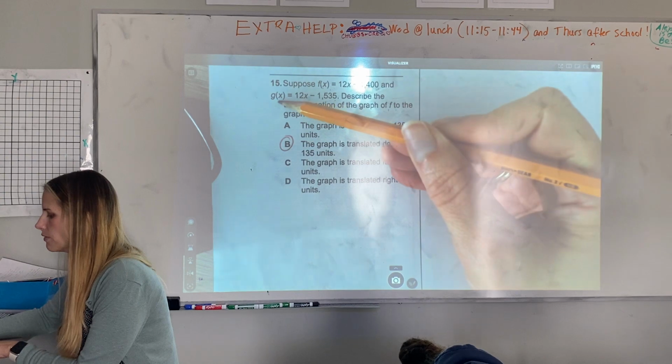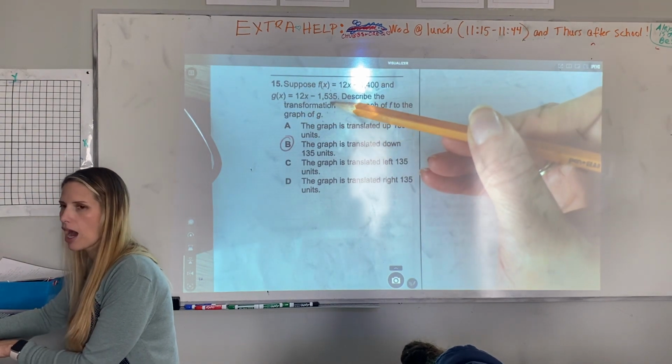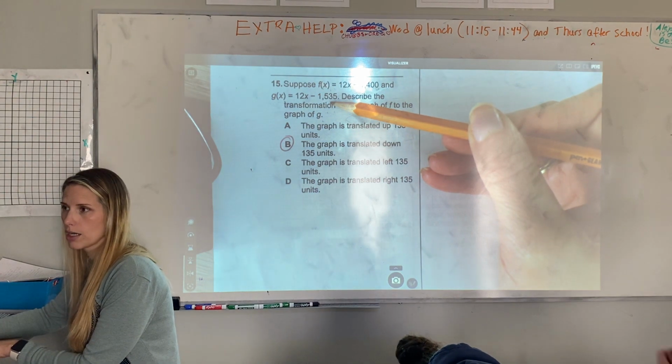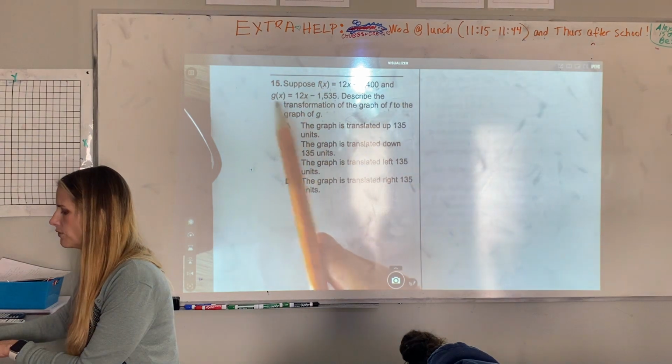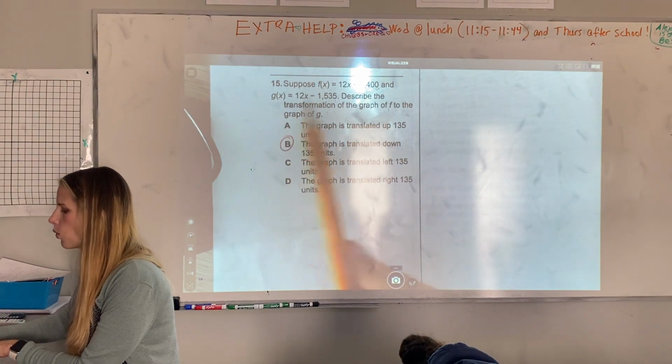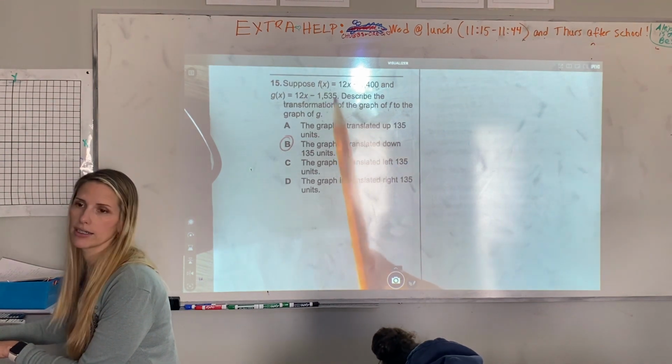Is this function g of x higher or lower on the y-axis? What makes you think it's higher?